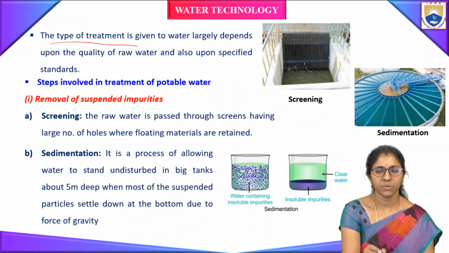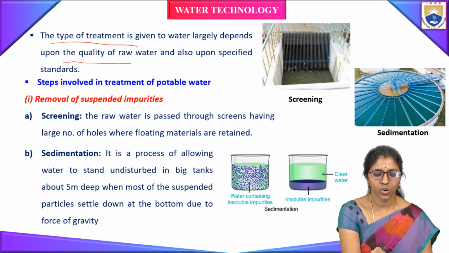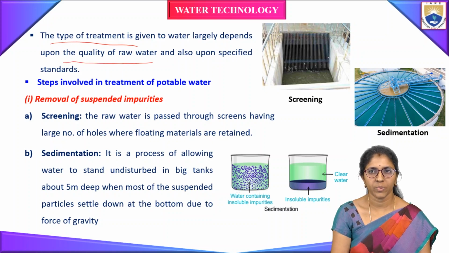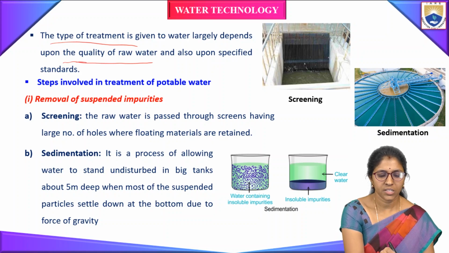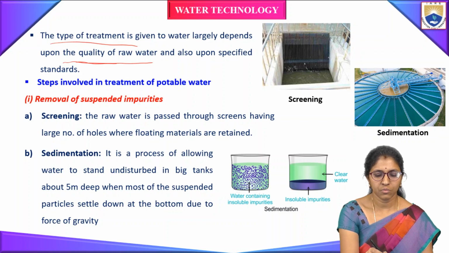The type of treatment given to water largely depends upon the quality of raw water and also upon the specified standards. We take this raw water from lakes and rivers.